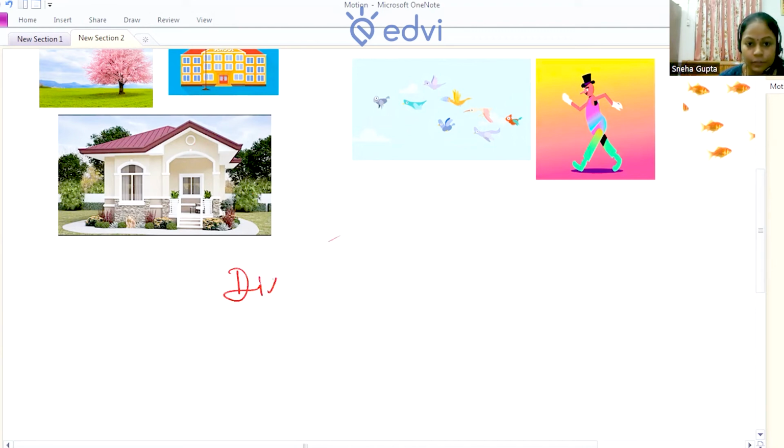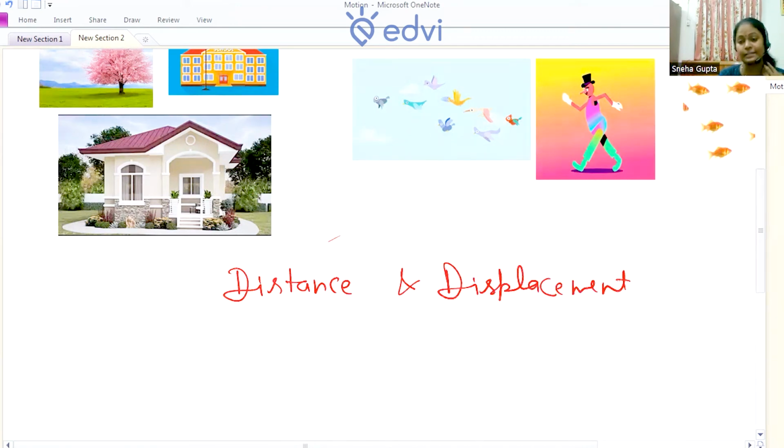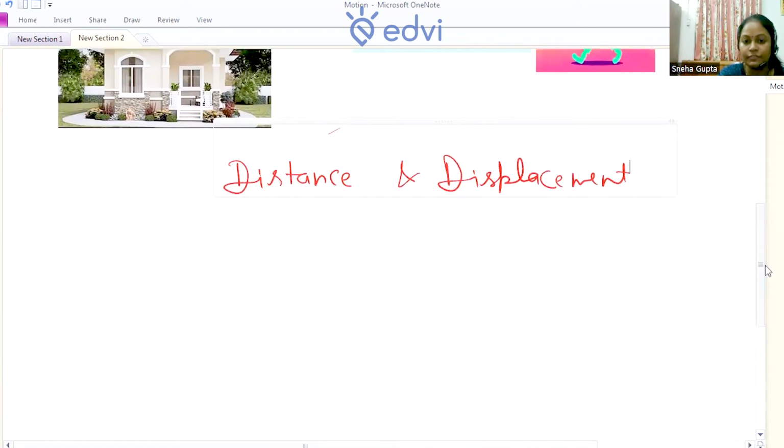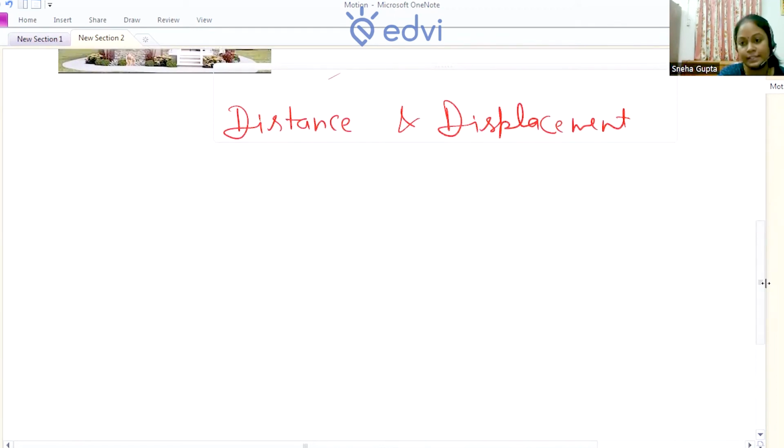We will learn what is distance and what is displacement. Generally you will be thinking that distance and displacement are the same thing, but in physics distance and displacement are both different things. So let's see what is the difference between distance and displacement.